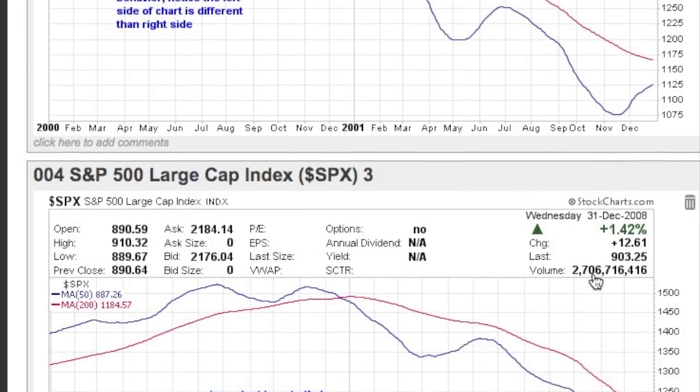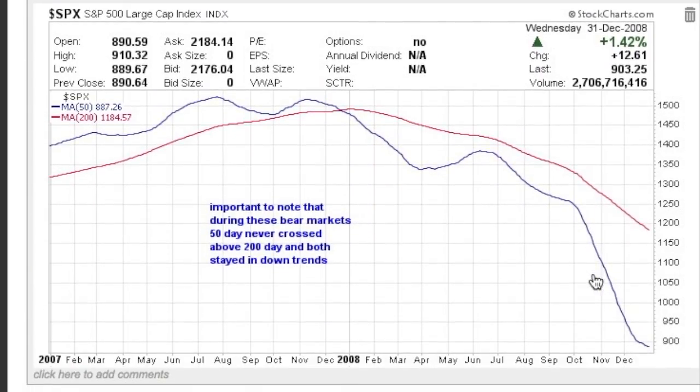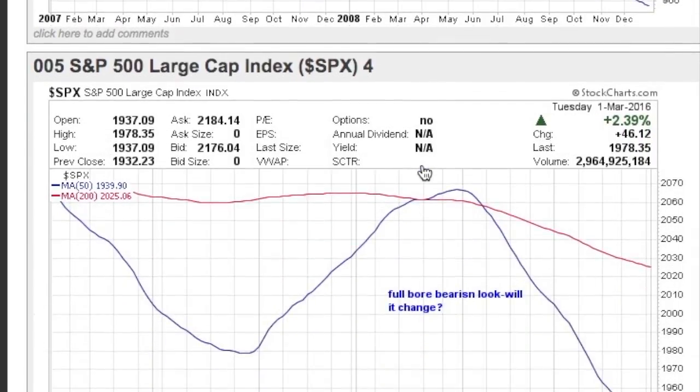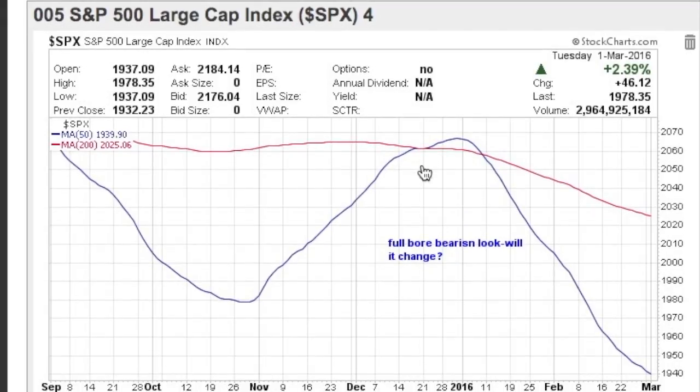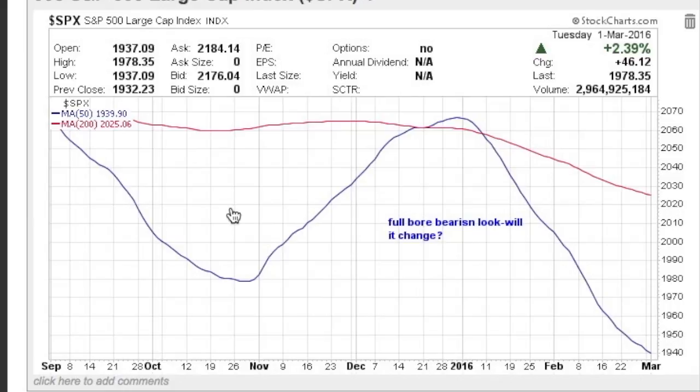Now here is the 2008 drop. Again, the left side is different than the right side. So we're noticing change here. Now, if we bring it a little bit closer to home on where we are today, you can see that back in 2015, the 50-day was below the 200-day.